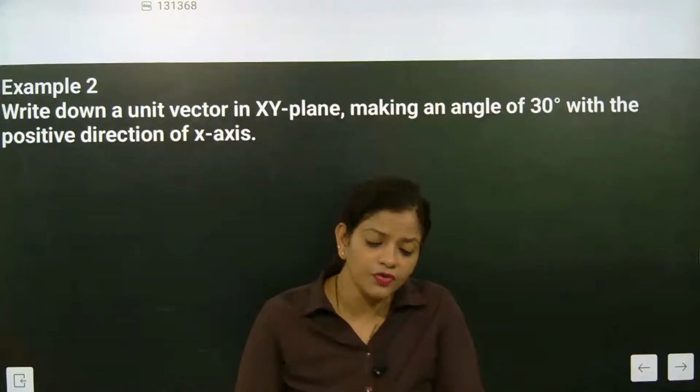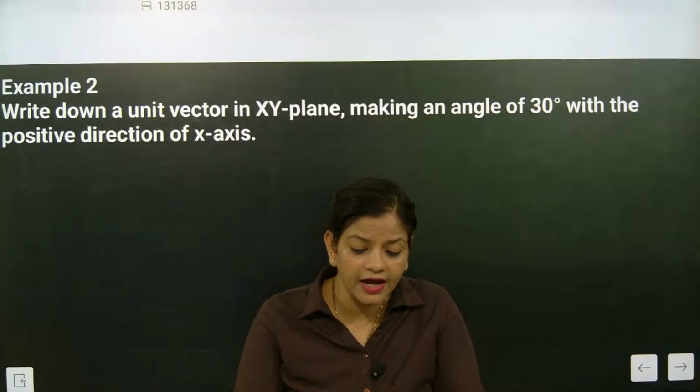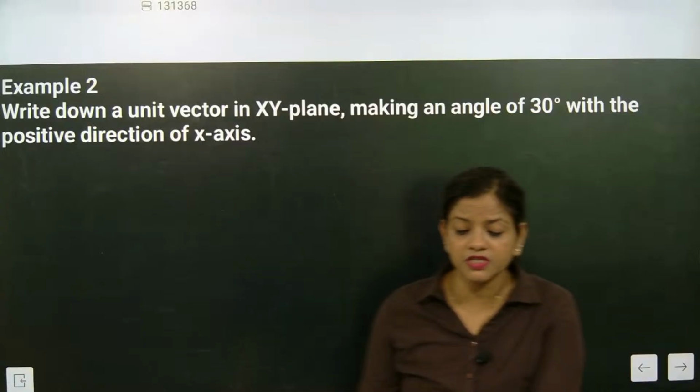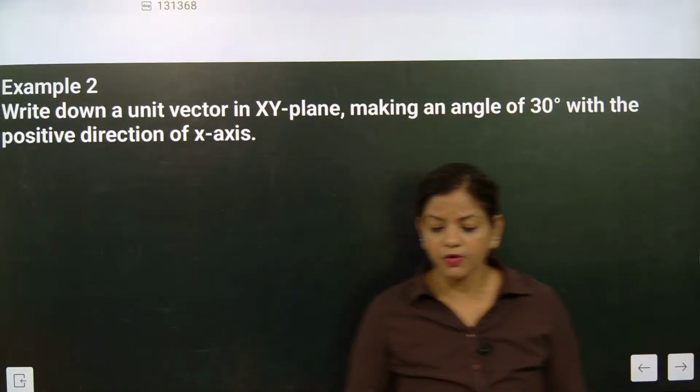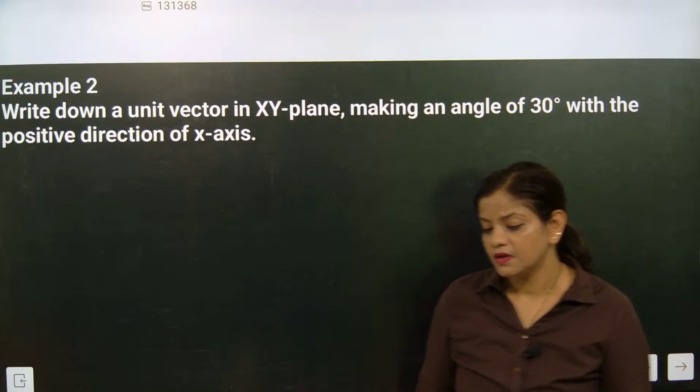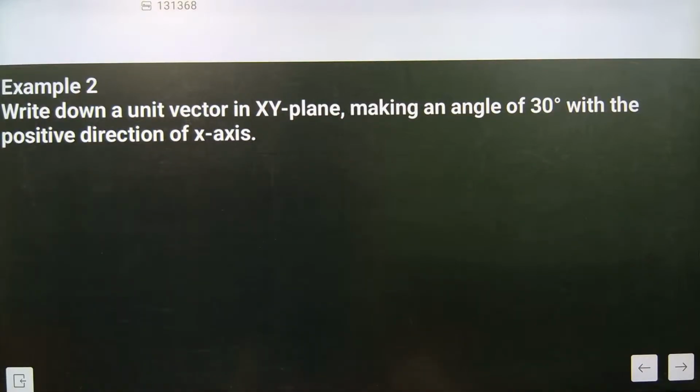Write down a unit vector in the xy plane making an angle of 30 degrees with the positive direction of the x-axis. Come on, go for it, please. Everyone start answering the question.